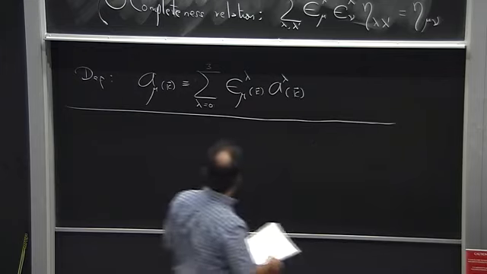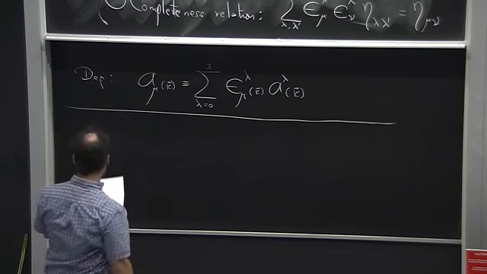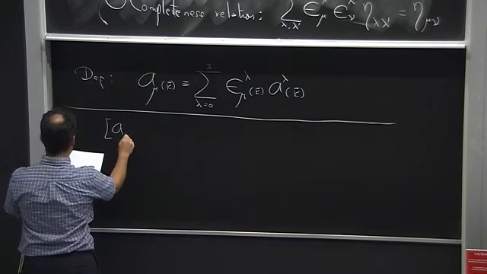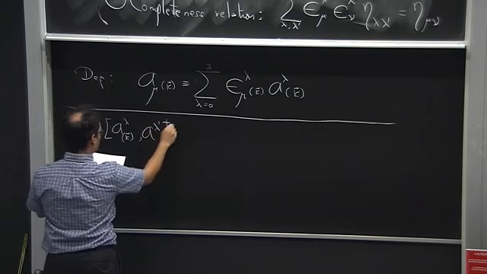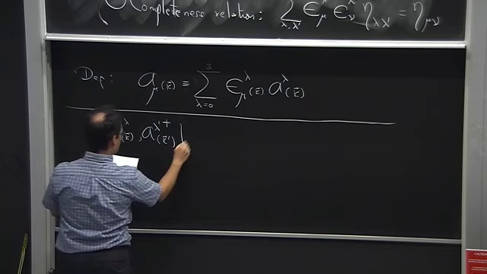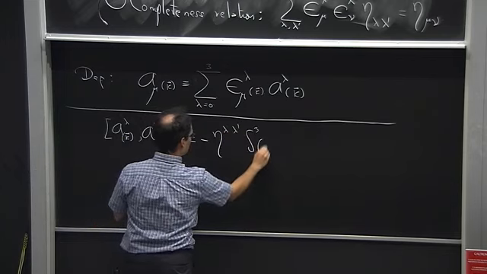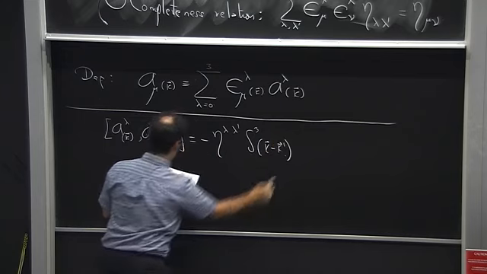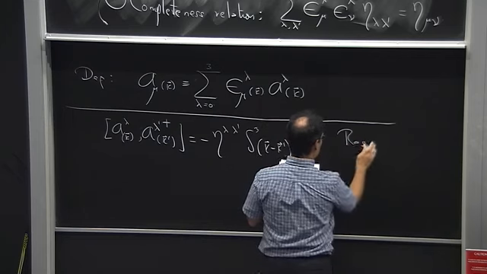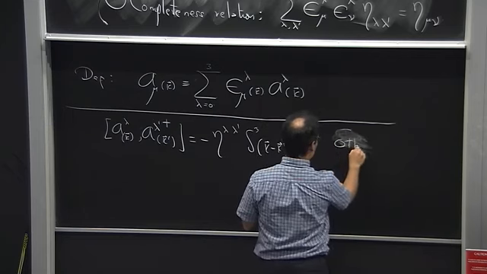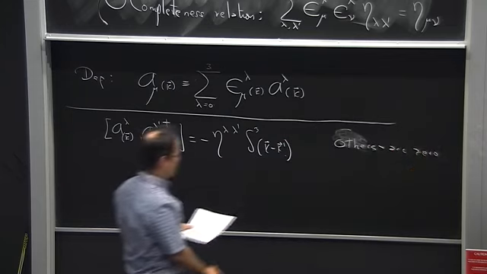So in fact, in the quantum theory, if you now plug this into the canonical commutation relations, you will find the following for these operators. Okay, and the others are 0.